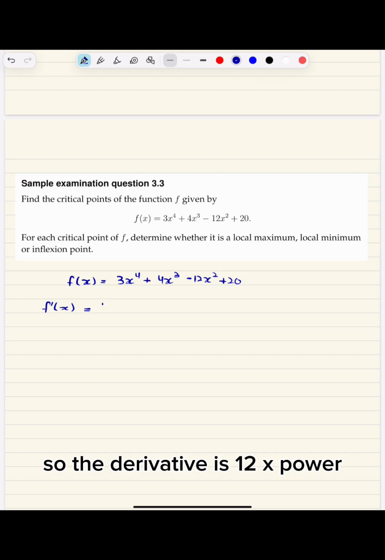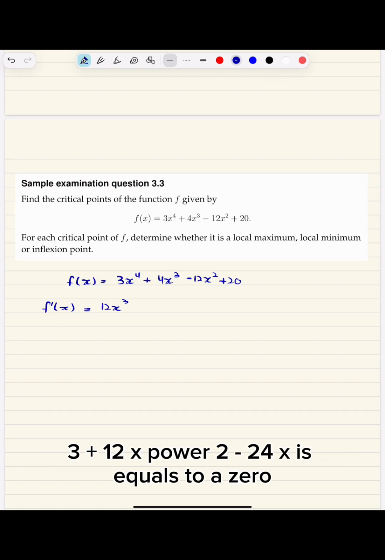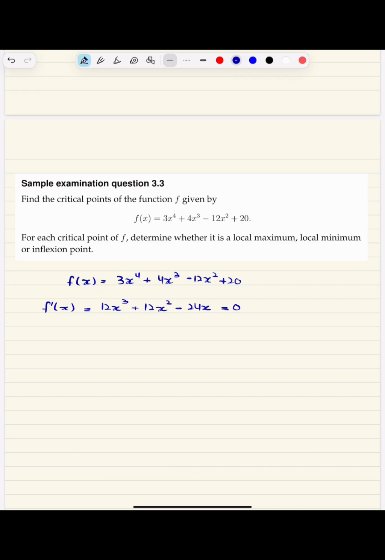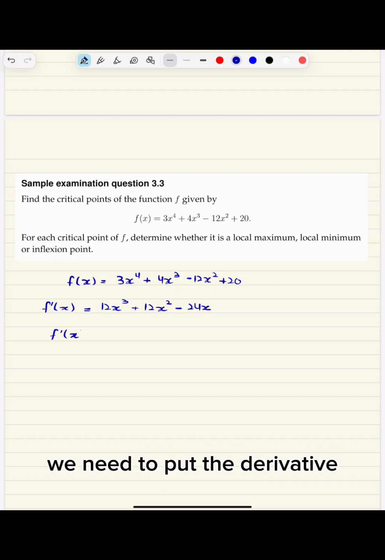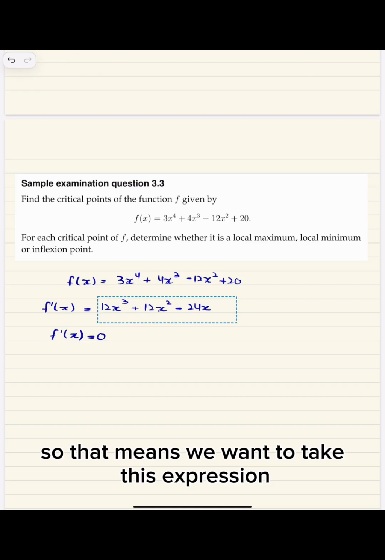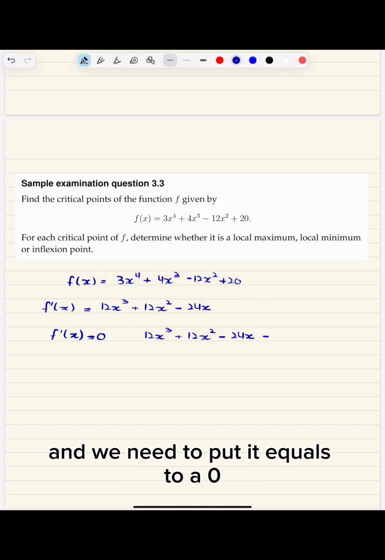So the derivative is 12x^3 + 12x^2 - 24x = 0. We need to put the derivative equal to 0, so we want to take this expression and put it equal to 0.